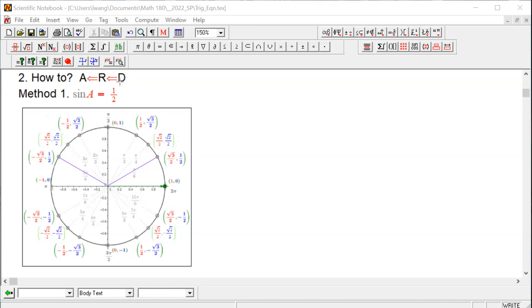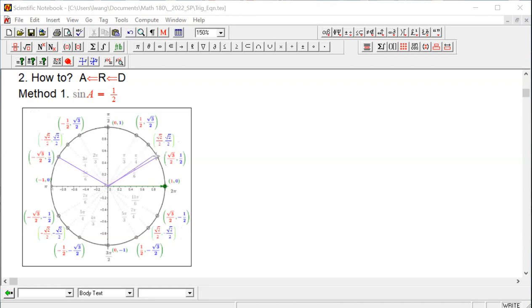So now we're doing DRA, we're doing the A. Let's measure the angle. We measure from the standard position: pi over 6, 5 pi over 6. We keep going and get all these angles. Whether we measure counterclockwise or clockwise, we get negative 7 pi over 6, negative 11 pi over 6. So we have tons of solutions.